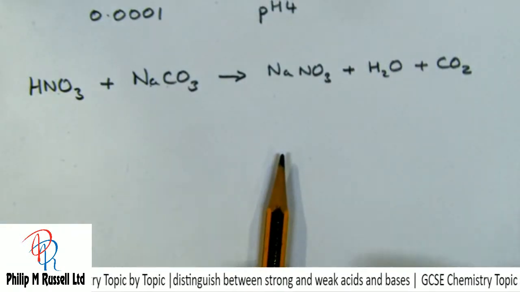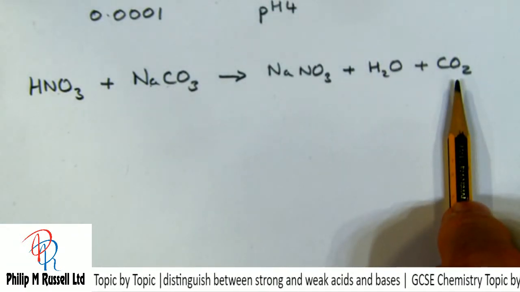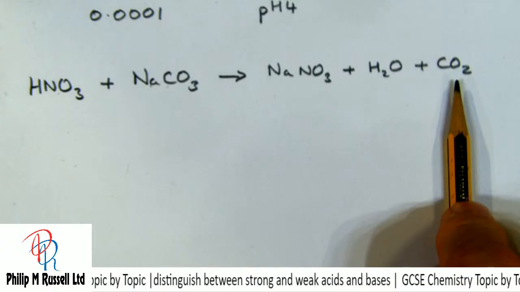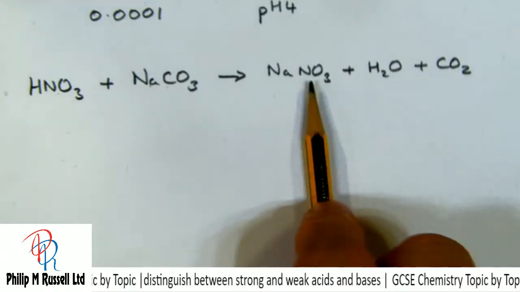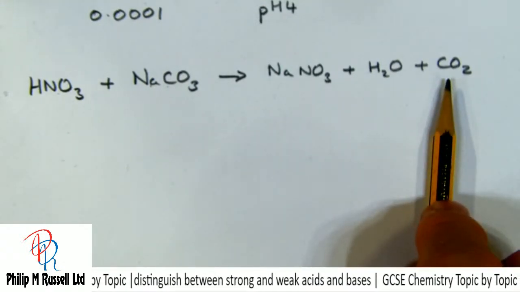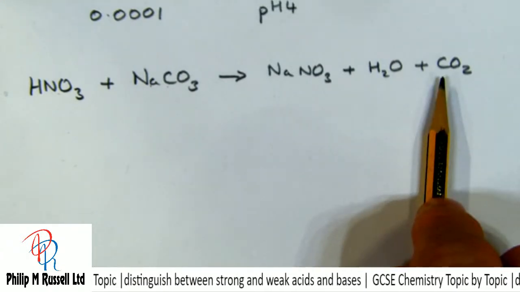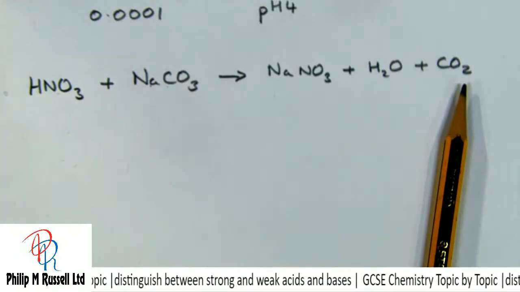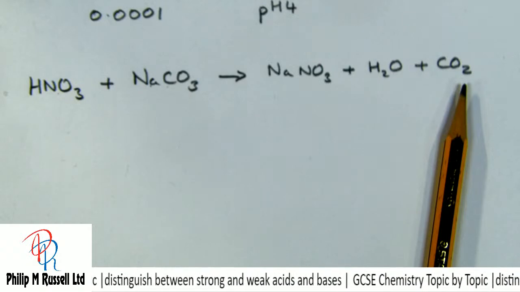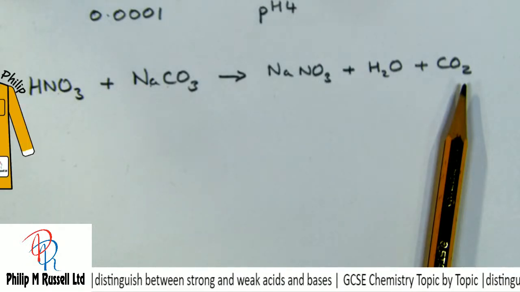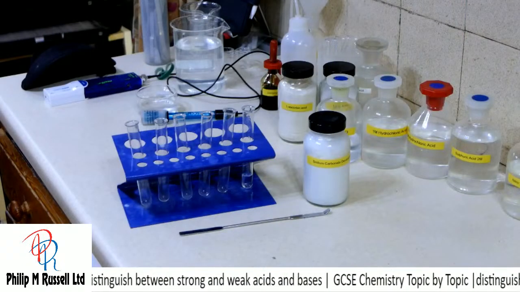So we should see a fair bit of bubbling, fizzing and carbon dioxide being produced, and that could give us an idea about how reactive this reaction is going to be. So let's try it.